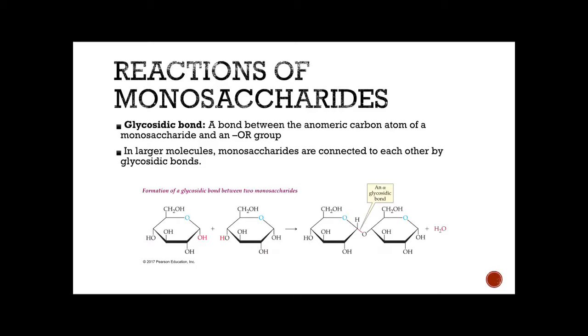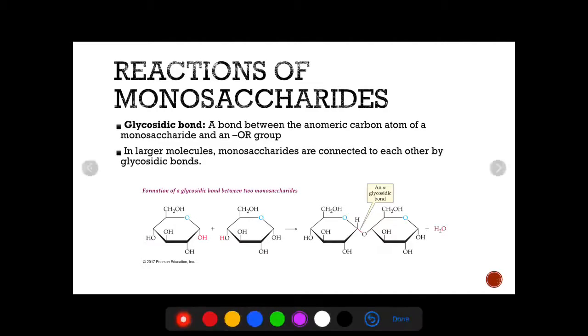Okay, so that was just the monosaccharide reacting with an alcohol, but now we're going to look at that glycosidic bond forming between 2 monosaccharides to form a disaccharide. Okay, so here again we have the hemiacetal, and then we have an OH group from the other monosaccharide. So we get the same reaction taking place, and here again is that glycosidic bond. Okay, so this one is an alpha glycosidic bond.